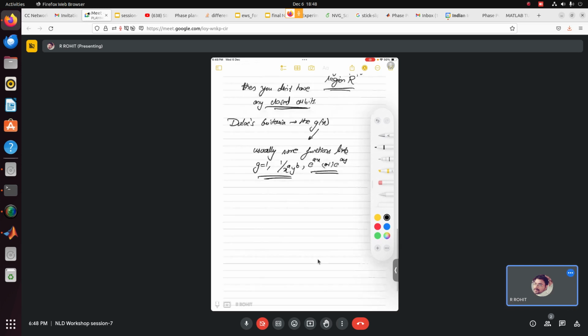So we will just look into an example of how to use the Dulac criteria. Say you have a system x dot is equal to x times 2 minus x minus y, and another equation y dot, which is nothing but y times 4x minus x square minus 3.